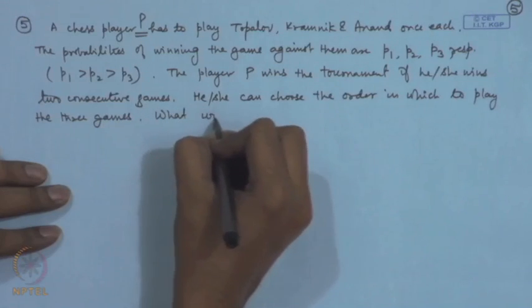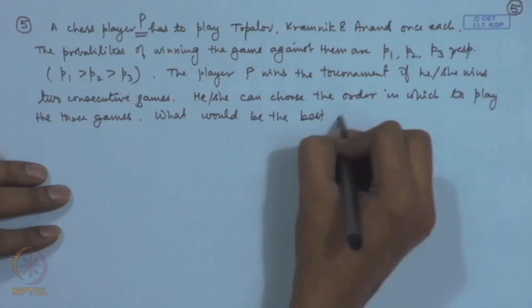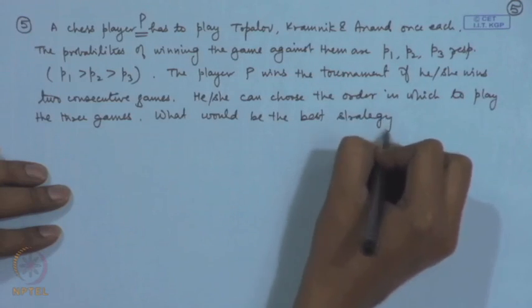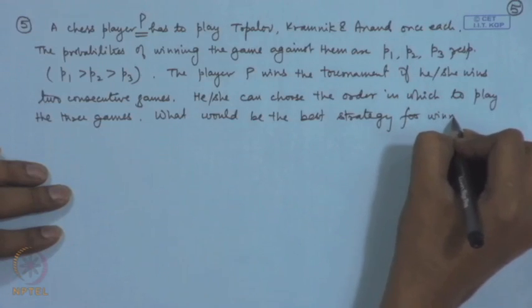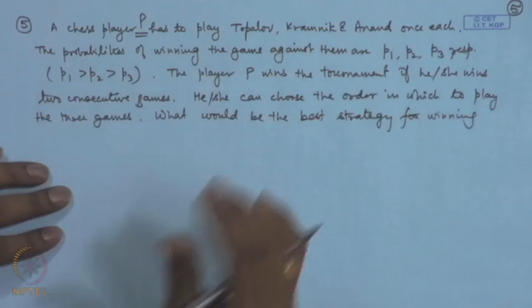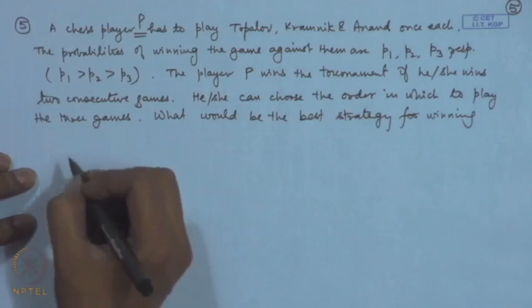Let us say what would be the best strategy for winning the tournament. That means, in which order he should play, so that winning the tournament is having the highest probability.